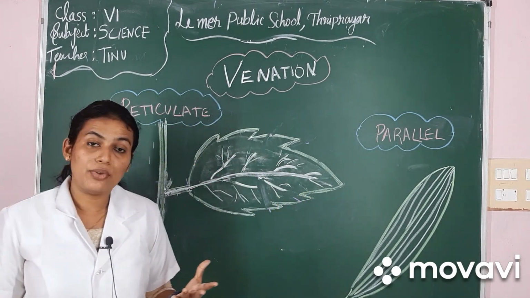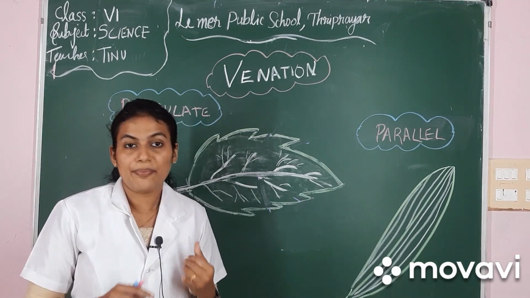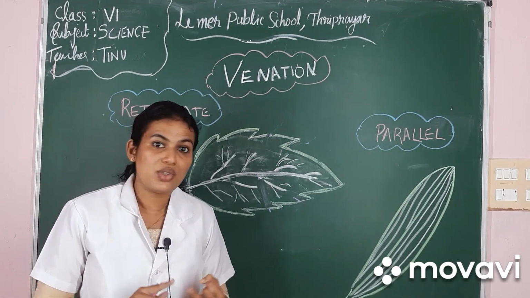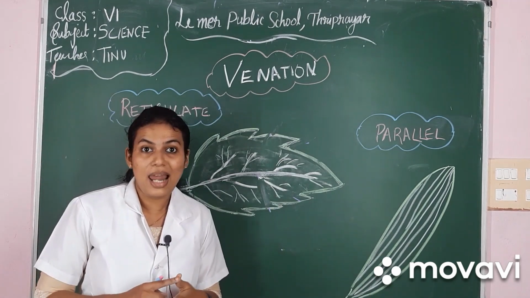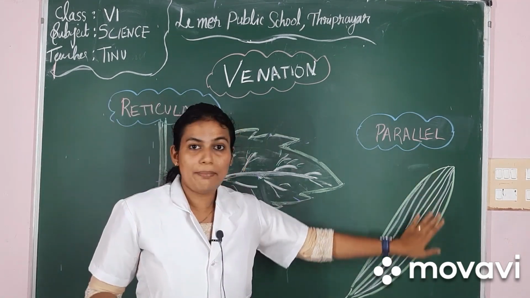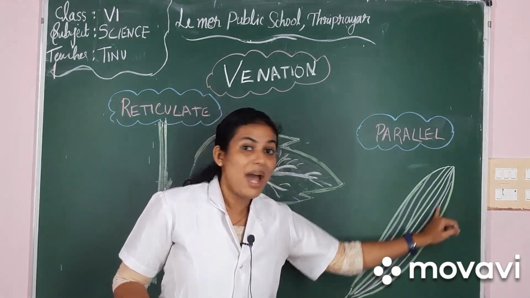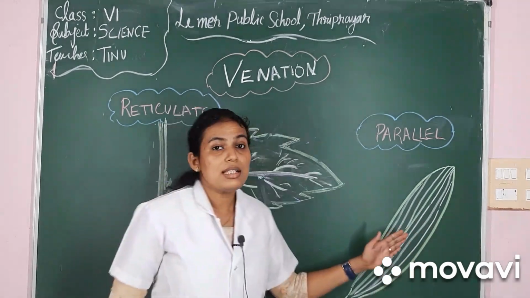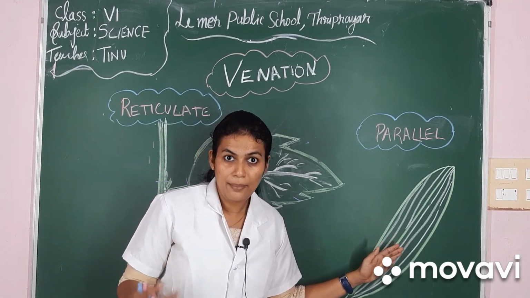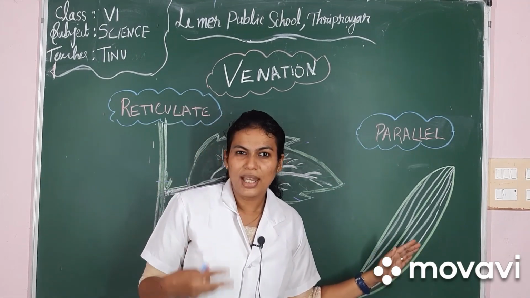Examples of leaves with reticulate venation are hibiscus, rose, cabbage, neem, lime, etc. In parallel venation, the veins are parallel to the midrib. This is commonly seen in banana, bamboo, palm tree, etc.